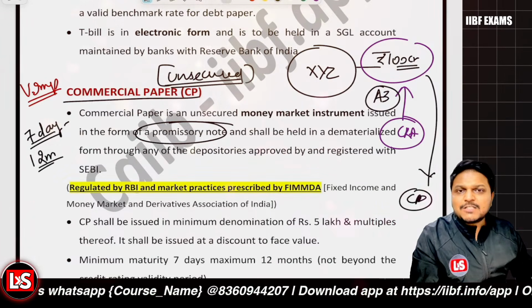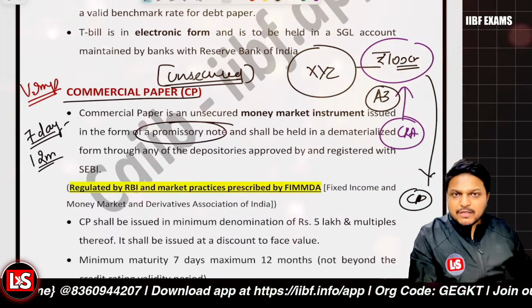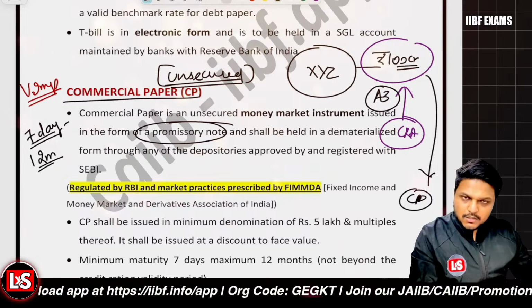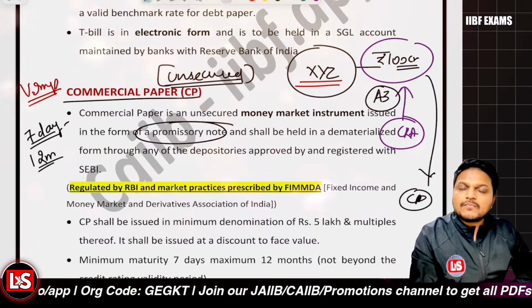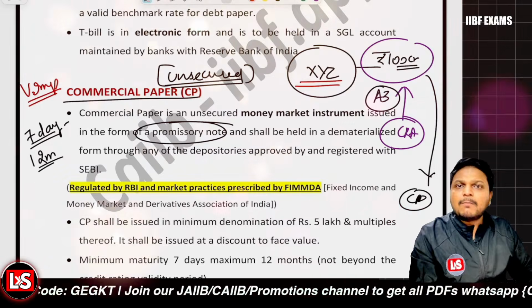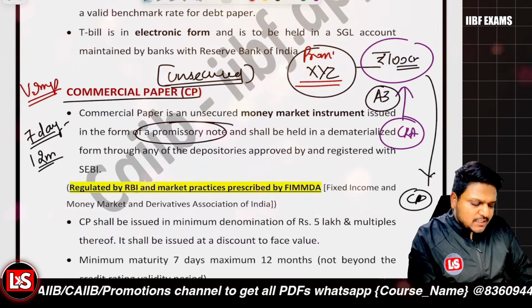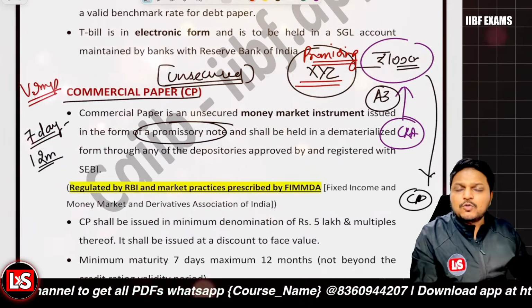Now, the investors won't be getting a coupon, because if we match it with the treasury bills, these are also issued at a discount. But in this case, these are not guaranteed by the government of India. These are issued by a company, and companies are just promising that we will be paying you back your money.